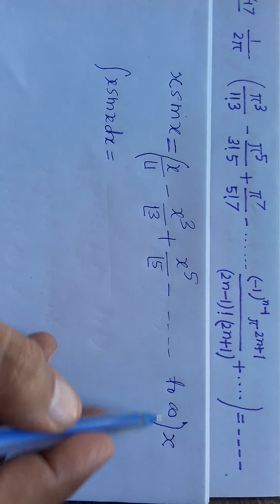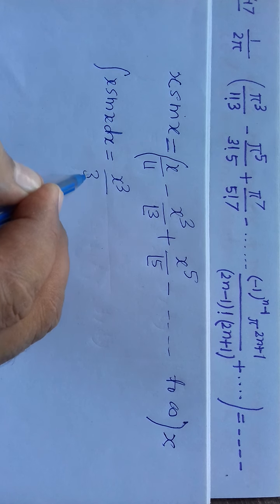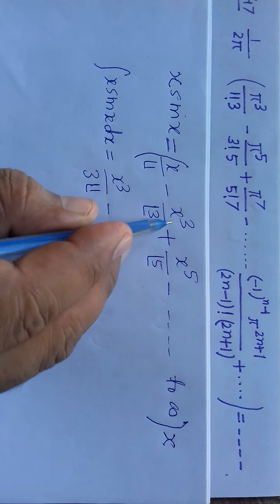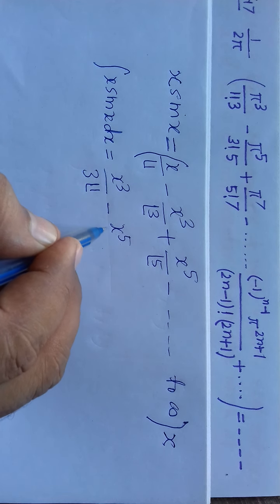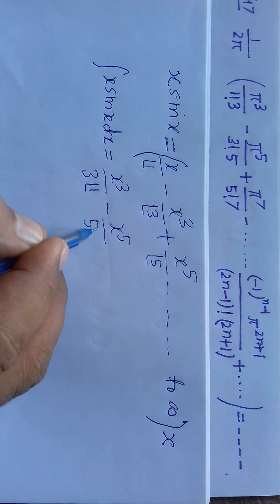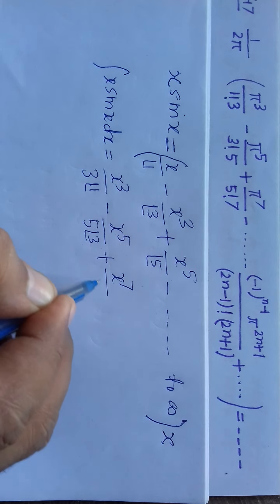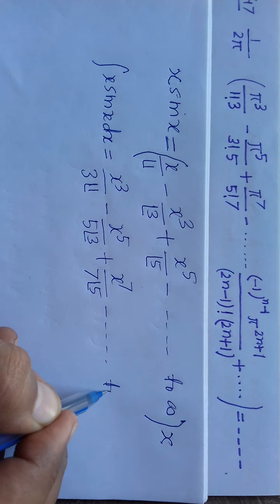Integration gives us x square by 2 minus, here will be x to the power 3 and 1, x to the power 4. So integration gives us x to the power 5 by 5 factorial 3. In the same way, here will be x to the power 7 by 7 factorial 5 to infinity.